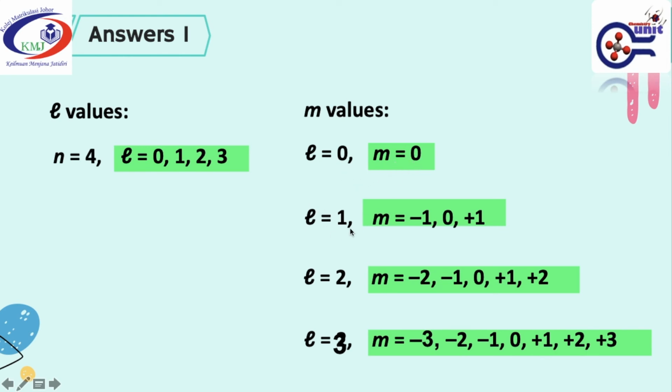L is equal to 1, m is equal to negative 1, 0, positive 1. When L is equal to 2, m is equal to negative 2, negative 1, 0, positive 1, positive 2. Finally, when L is equal to 3, m is equal to negative 3, negative 2, negative 1, 0, positive 1, positive 2, and positive 3.